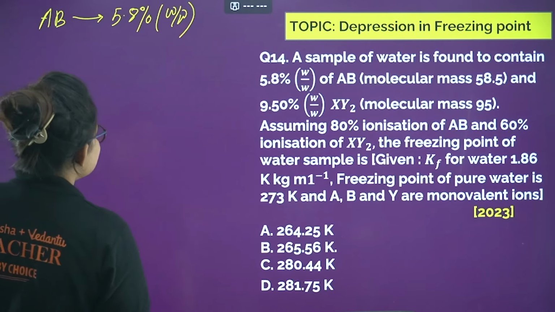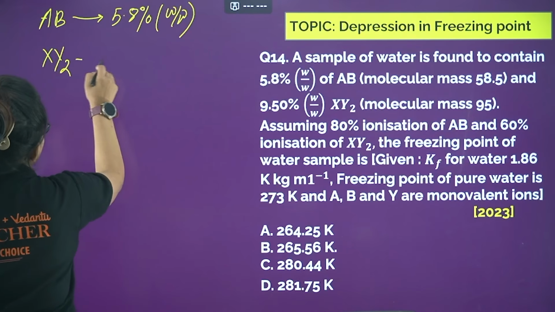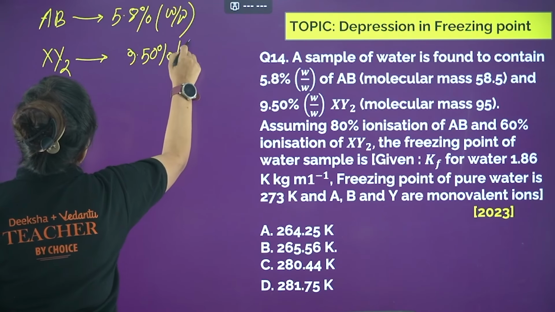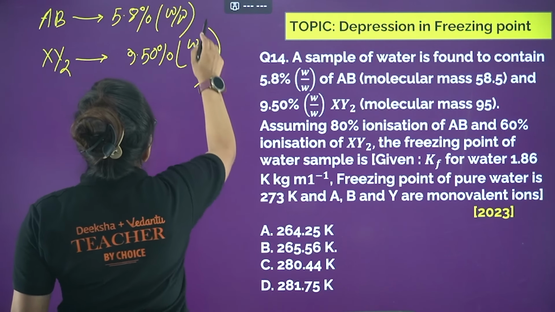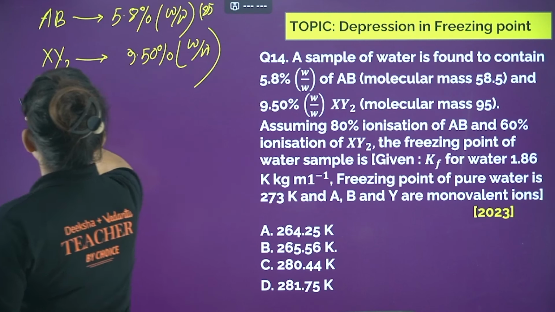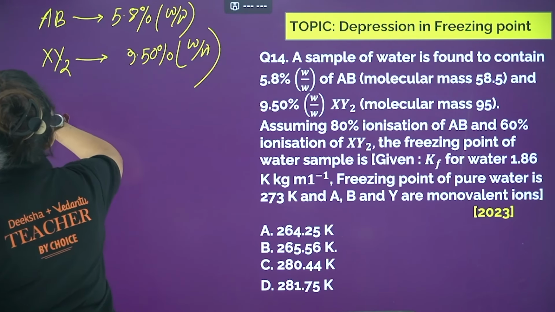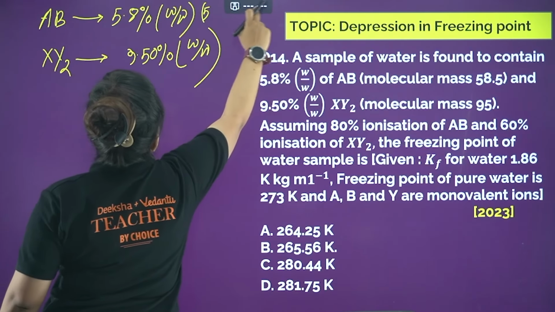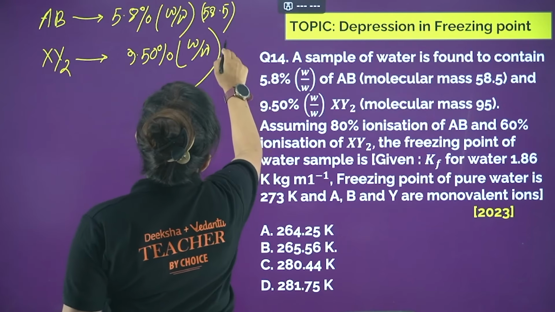Okay, and I am having XY2, that I am having 9.50%, that is also weight by weight. Fine. Molecular mass also given. For AB it is given as 58.5, and for XY2 it is given as 95.